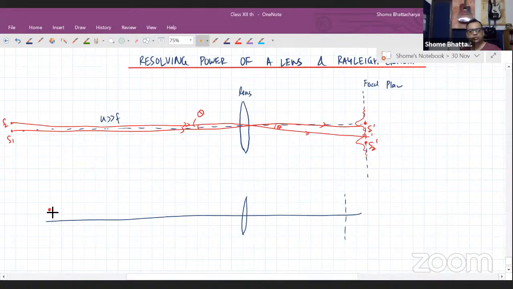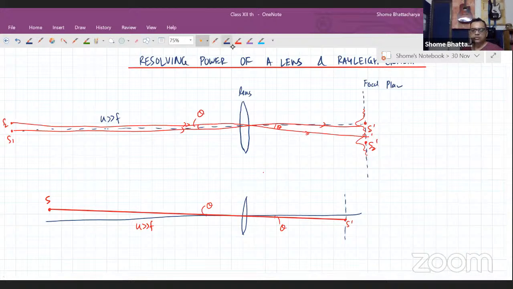The light ray through the pole of the lens typically goes undeviated. So this angle theta is the same as this angle theta over here. So its image S prime is more or less at the focal plane.